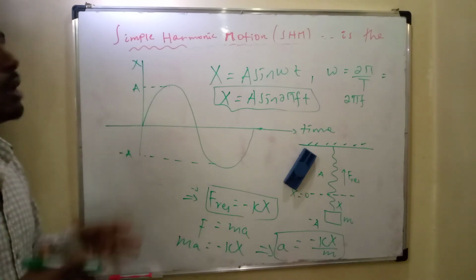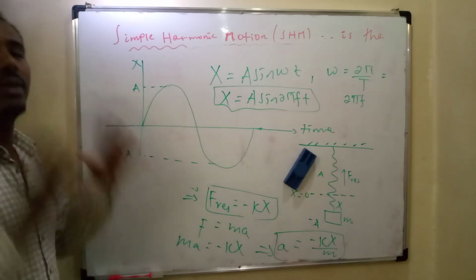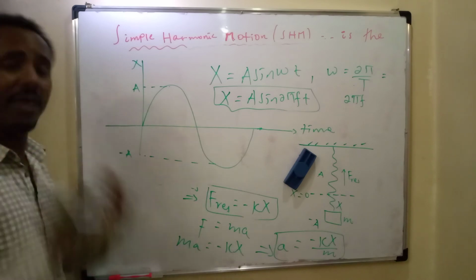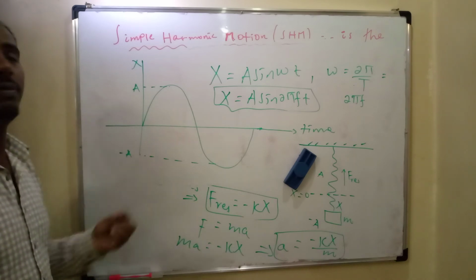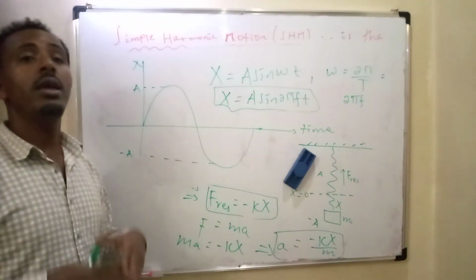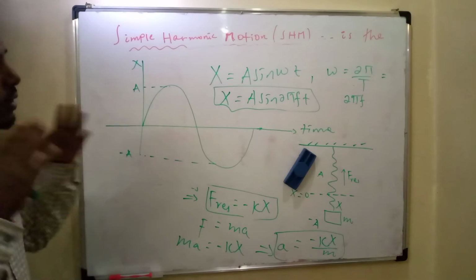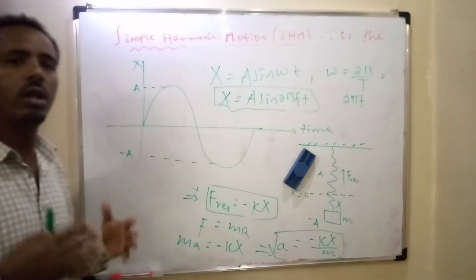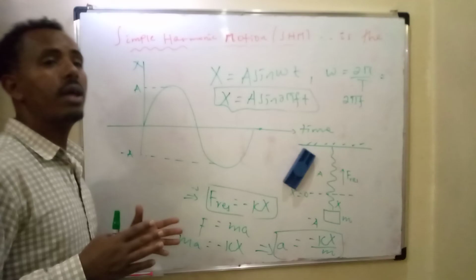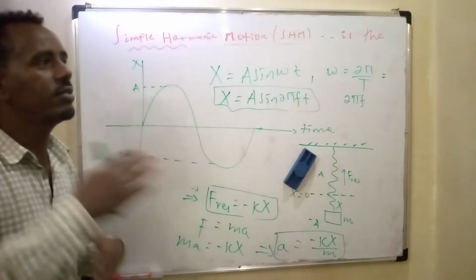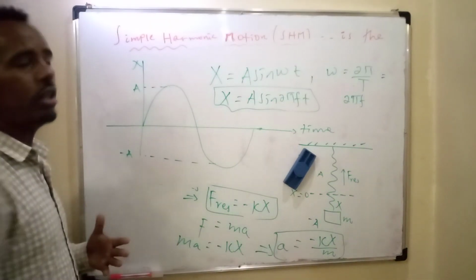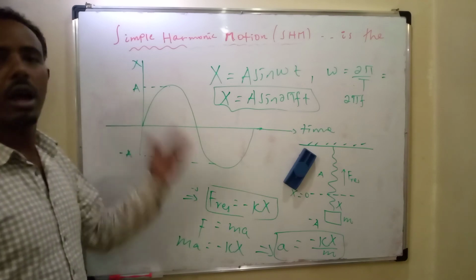Generally, simple harmonic motion is the simplest type of periodic motion. Periodic motion is the type of motion that repeats itself at a regular interval of time. A body is said to be in simple harmonic motion if its acceleration is directly proportional to displacement, but the two, acceleration and displacement, act in opposite directions. And if they are directly proportional, and the motion is periodic, it is simple harmonic motion.